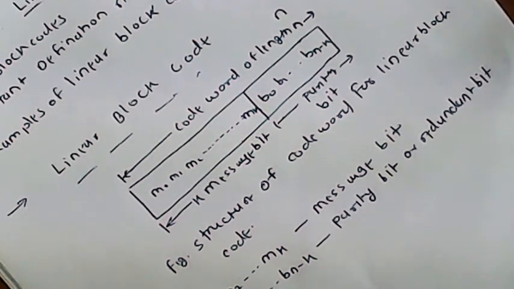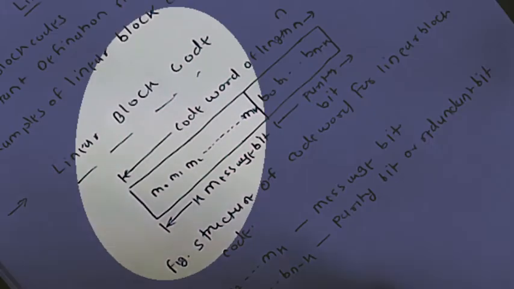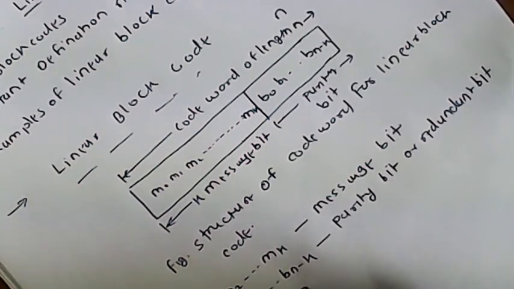So from this structure, consider that n comma k is a linear block code.